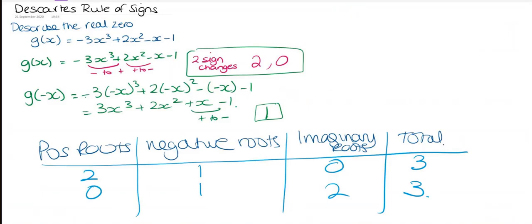So we didn't have any positive roots, there was 1 negative, which means we would have 2 imaginary roots, to total 3.